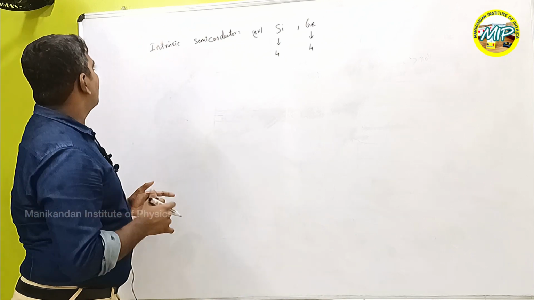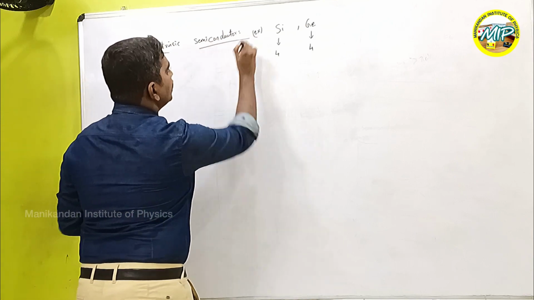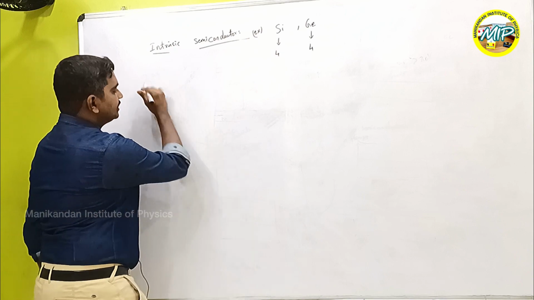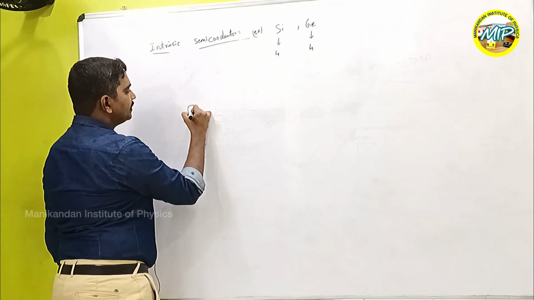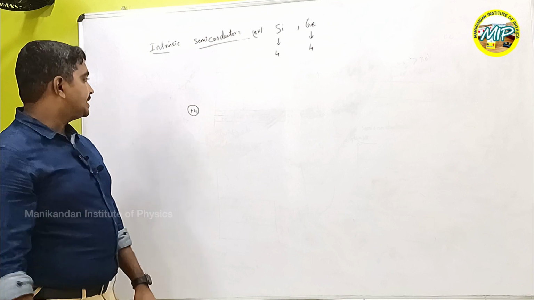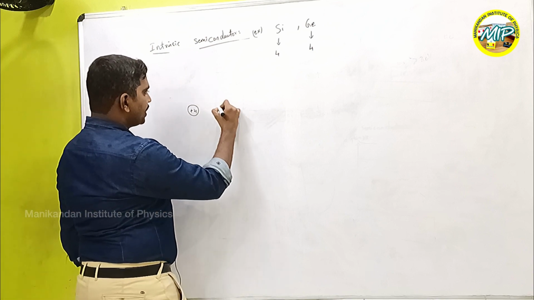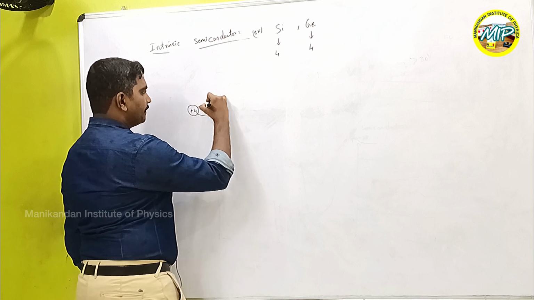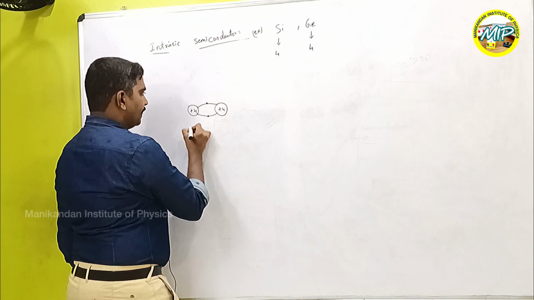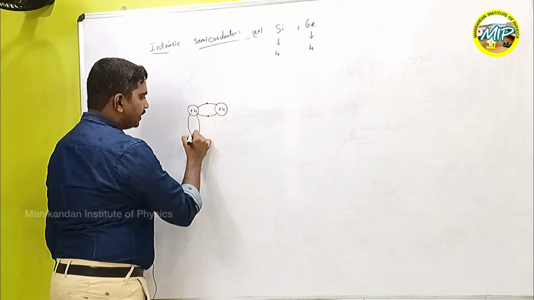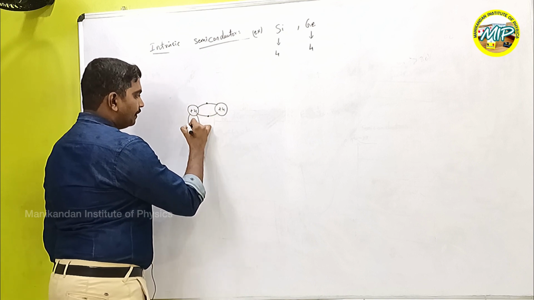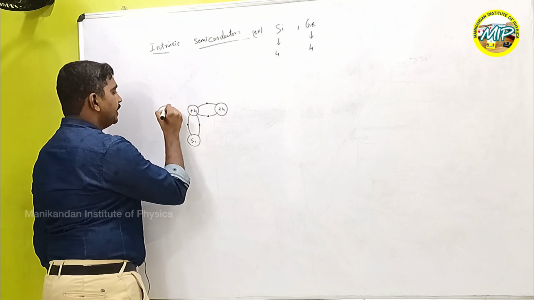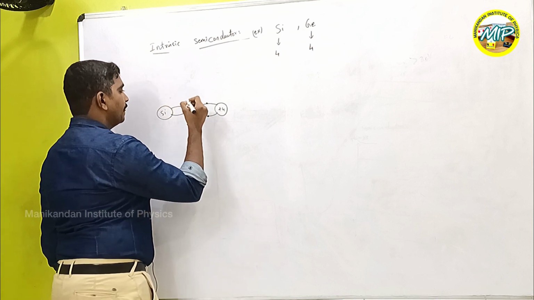So I'm going to start with silicon, which has a valency of 4. Each silicon shares 1 electron with its nearest neighbor of the same material, silicon.